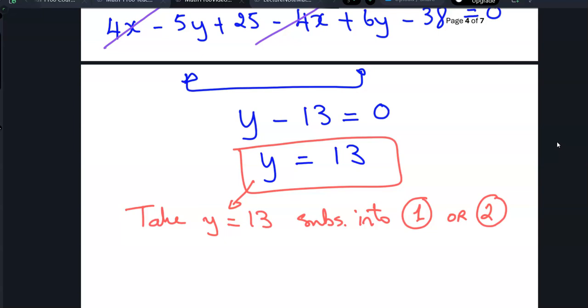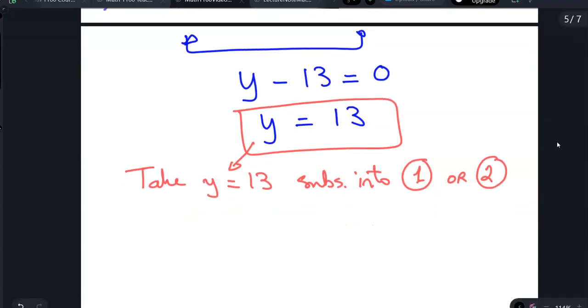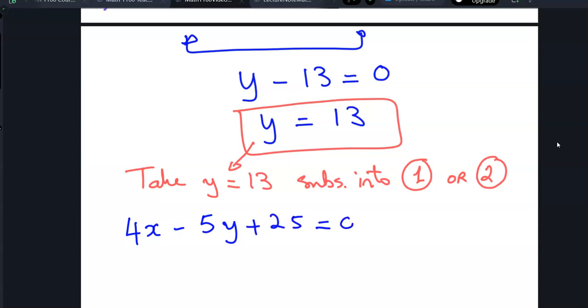So what I will do in this case is I will substitute into 1. So equation number 1 is 4x minus 5y plus 25 equal to 0. So 4x minus 5 times 13 plus 25 equal to 0.